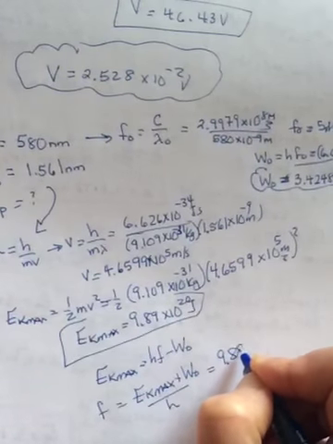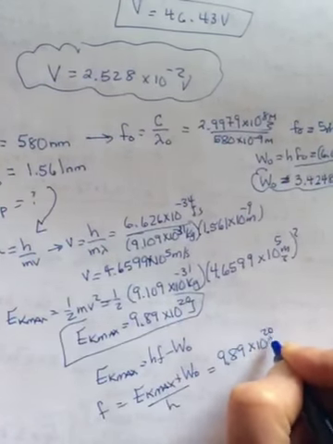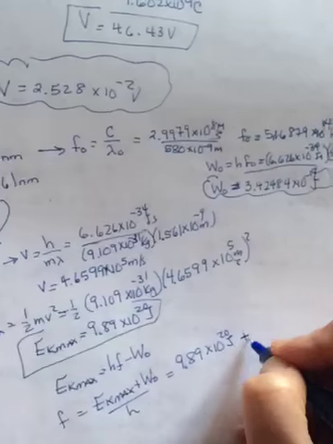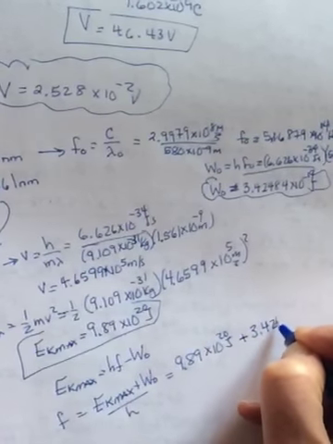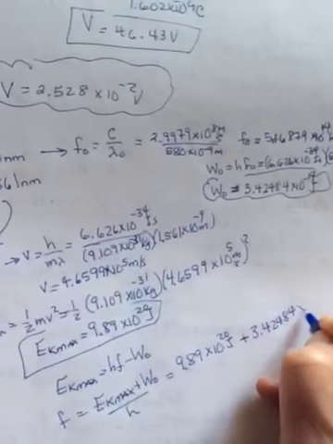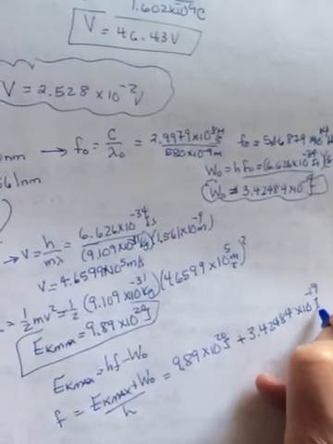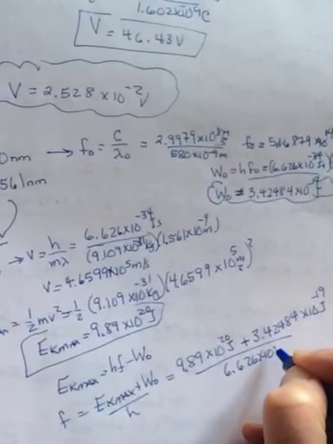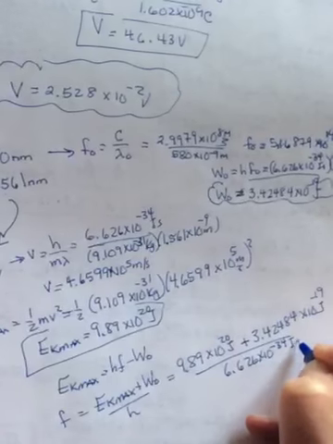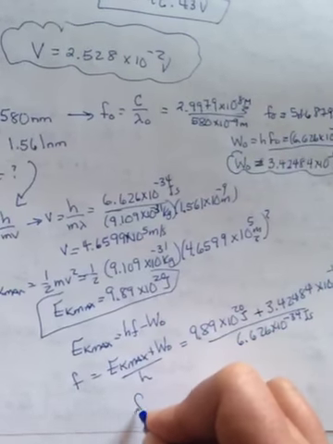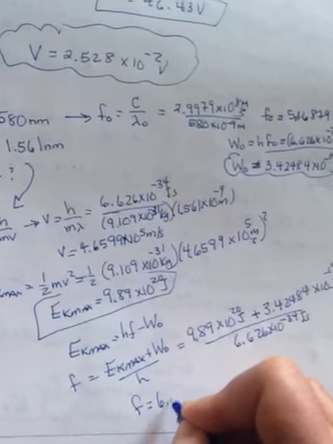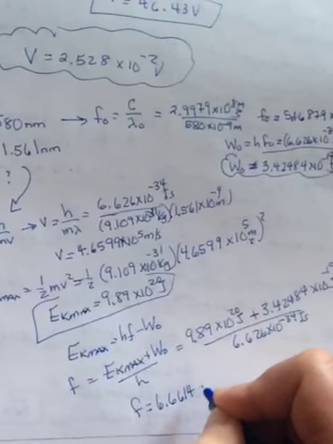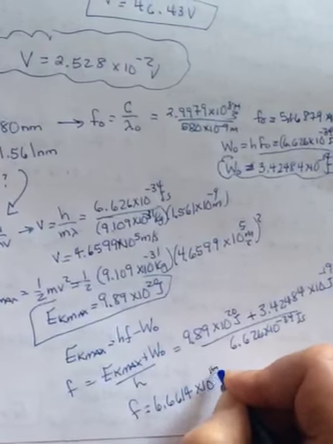So 9.89 times 10 to the negative 20 joules plus our W O from up top, 3.42484 times 10 to the negative 19 joules, and then you're dividing by 6.626 times 10 to the negative 34 joule seconds. When you do this, you should get an F of 6.6614 times 10 to the 14th hertz.